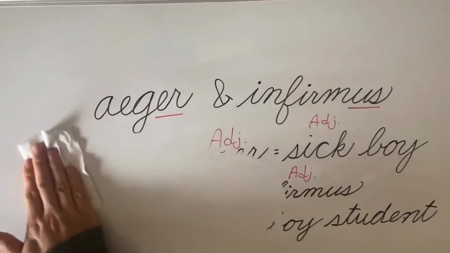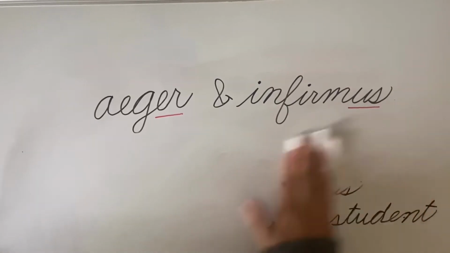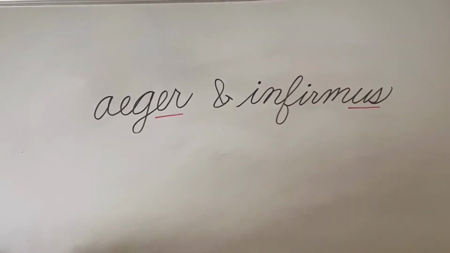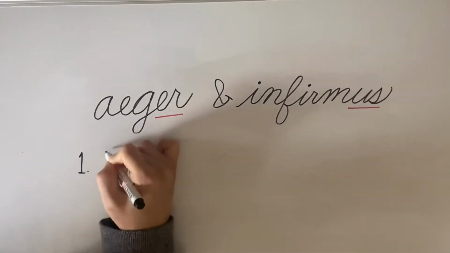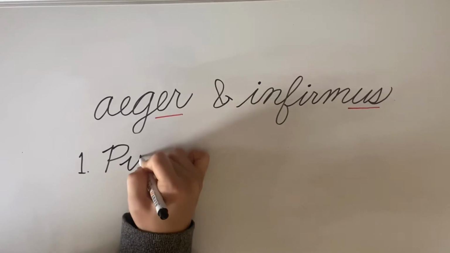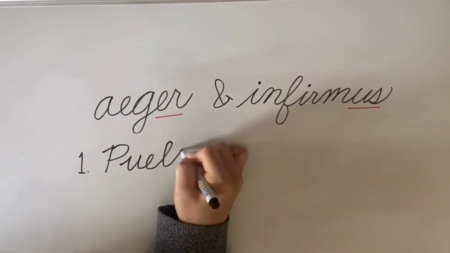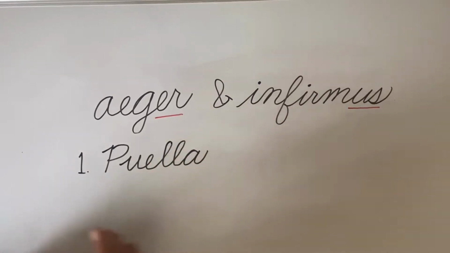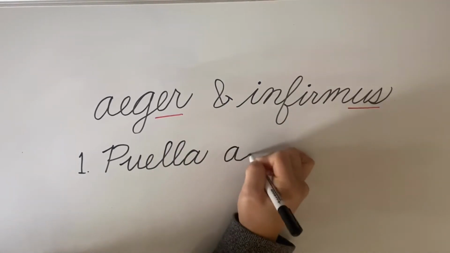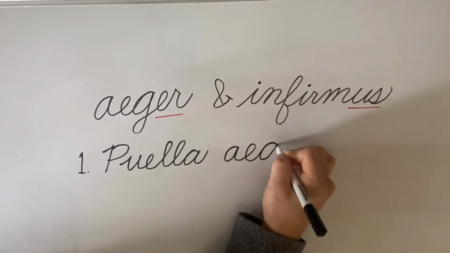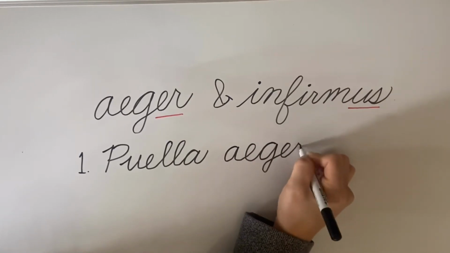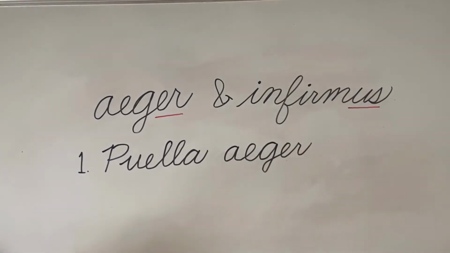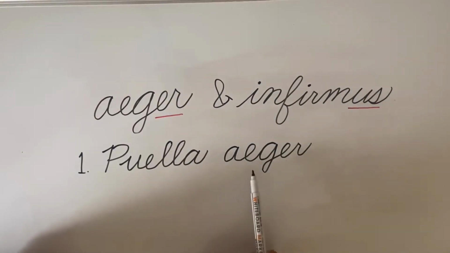Let's take a look at this sentence. Puella æger. Now we have a sick girl.